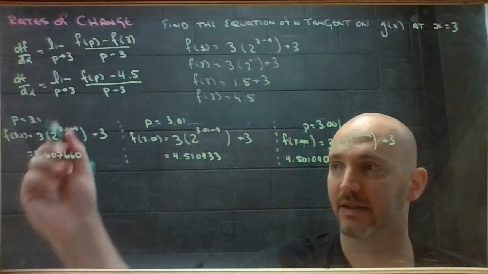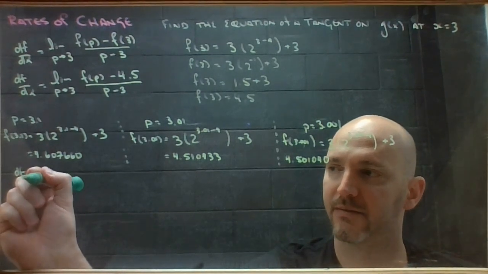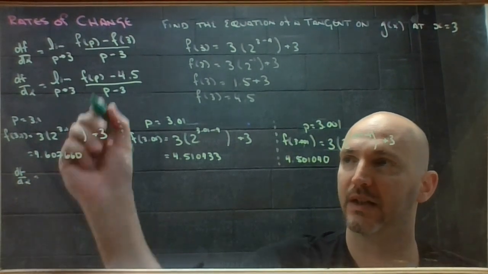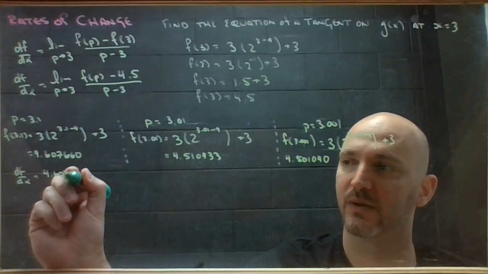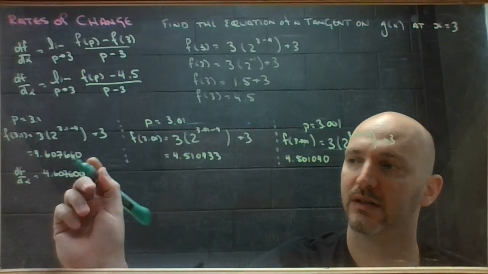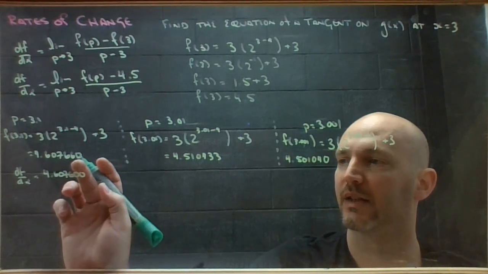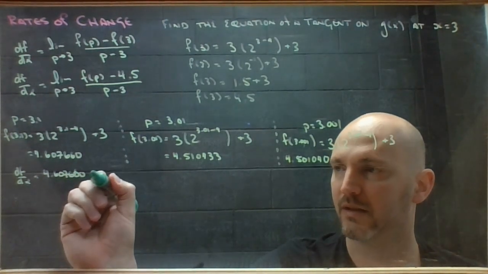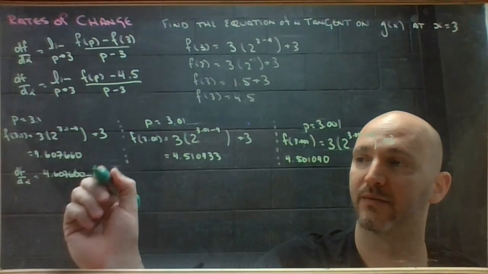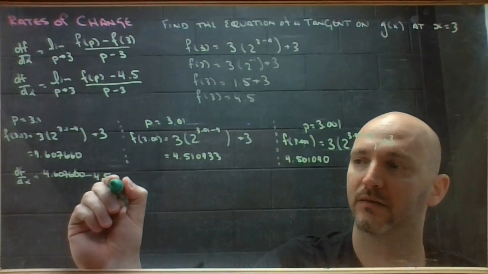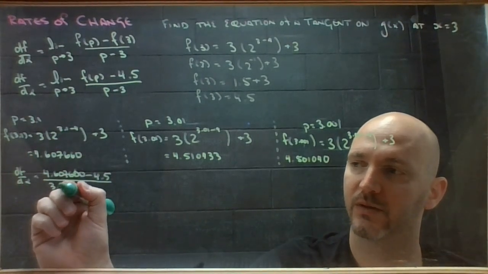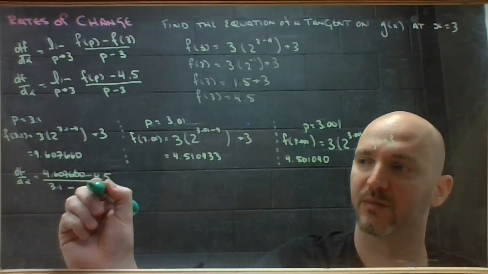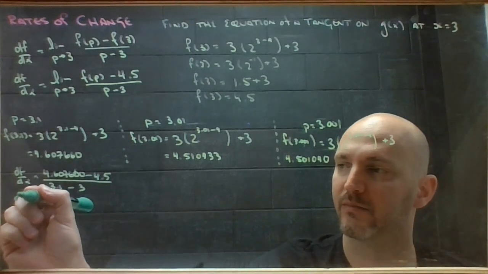So I've got this here. df dx would be the function at the dummy variable, 4.607660, subtract 4.5 over the dummy variable I chose, subtract the actual place I want my tangent.